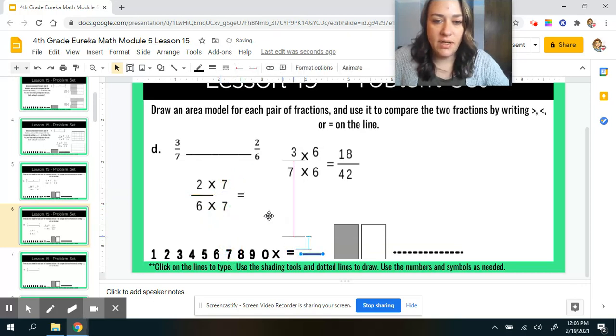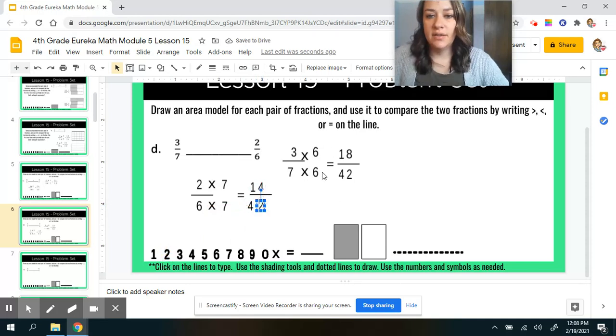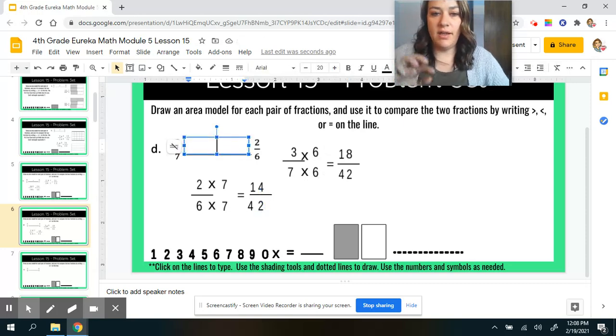So 2 times 7 gives us 14. We already know that 6 times 7 is 42. So now we can compare. 14/42 or 18/42. So 3/7 is larger than 2/6.